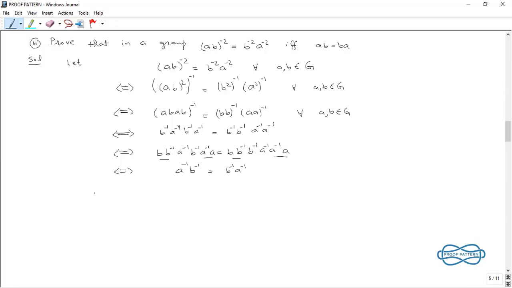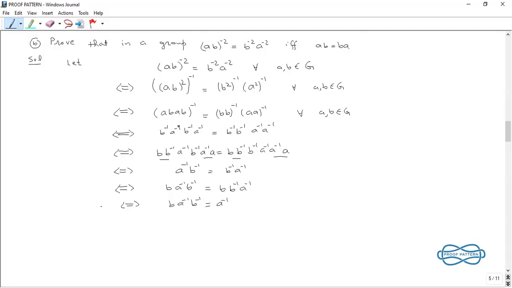Okay. Now, if we again pre-multiply by B, we get this one, and this is equal to B A inverse B inverse is equal to A inverse.